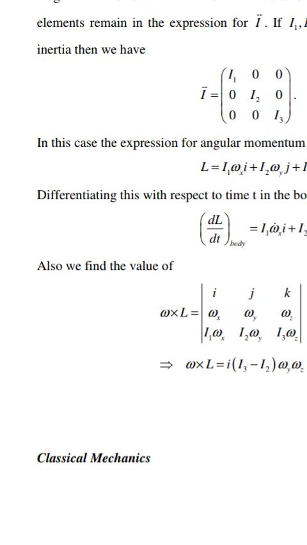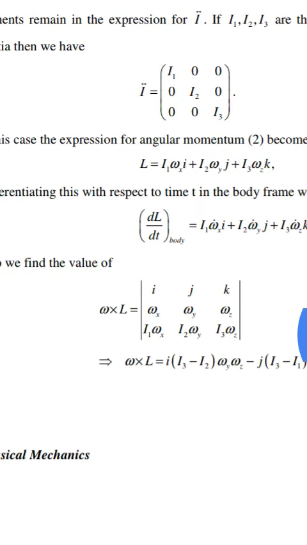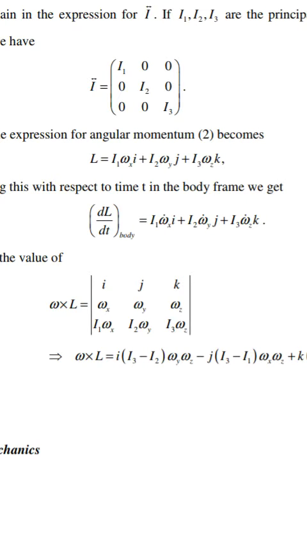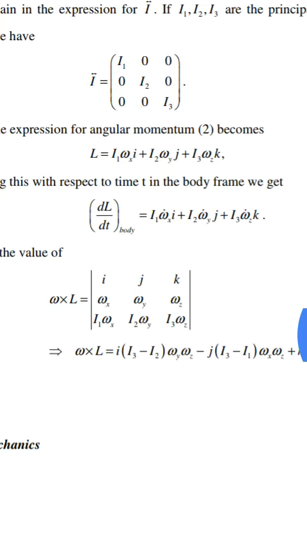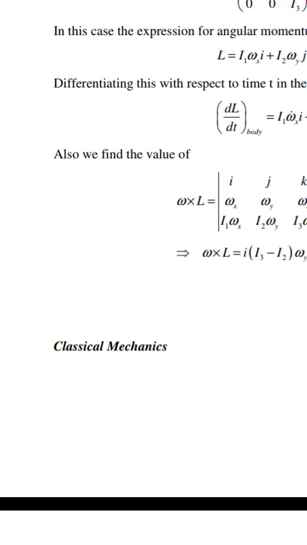Differentiating this with respect to time t in the body frame, we get dL by dt at body is equal to I1 wx dot i plus I2 wy dot j plus I3 wz dot k.